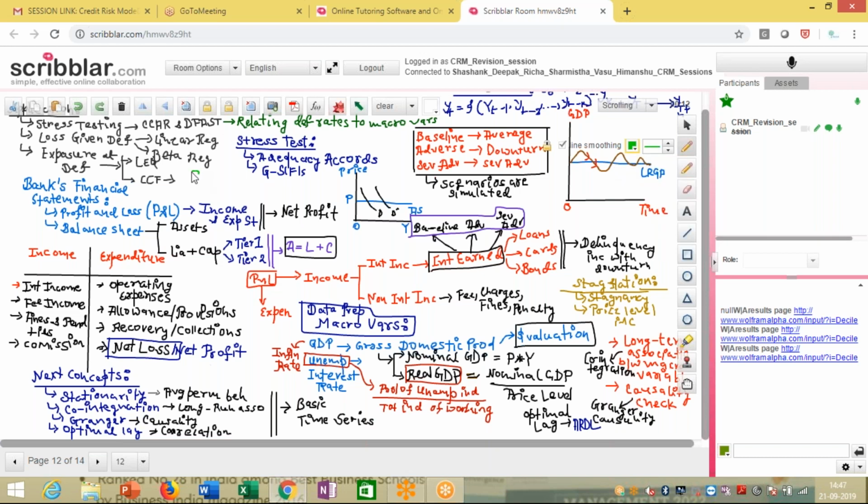Now, assessing this stationarity is really important, because without ensuring that your model is stationary, you cannot develop the model.